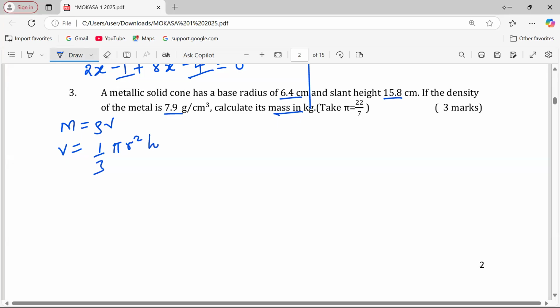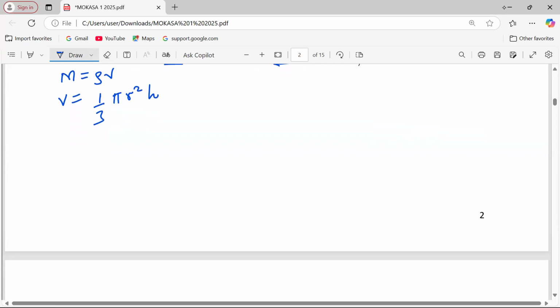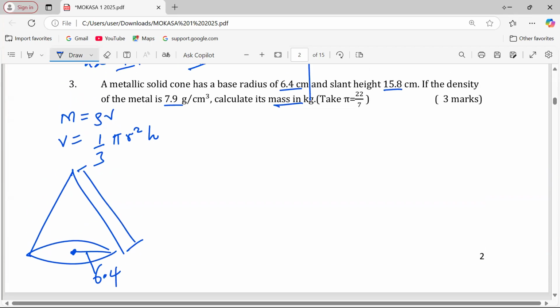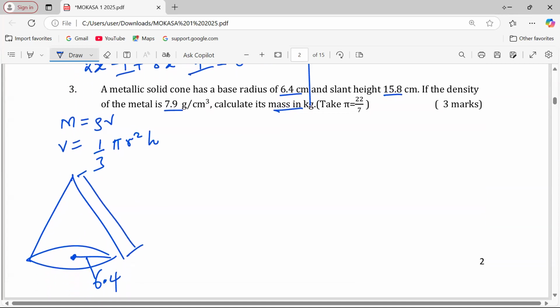And remember, the height here should be the perpendicular height. So for this particular cone, we are having the radius as 6.4 and the slanting edge is given as 15.8.